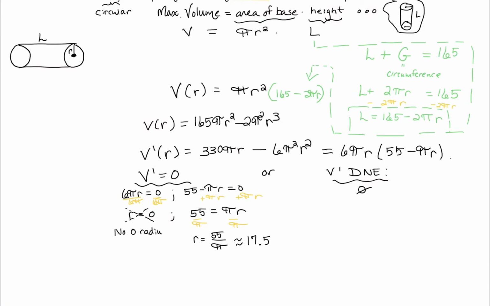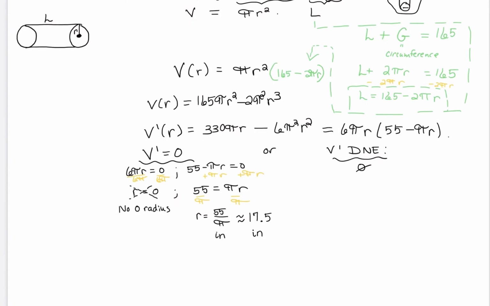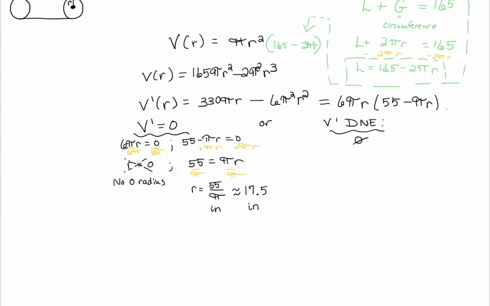It wouldn't make any sense. So most likely this radius of 55 over pi, or 17.5 inches, is probably the right solution, but as of right now, all we really know is it's a place of horizontal tangency.